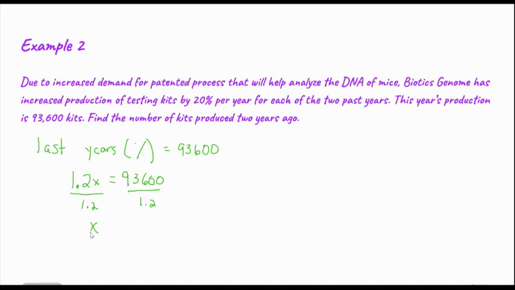Now, that is not our final answer because, again, it wants how many production kits were produced 2 years ago. And this is where we can just repeat the same process and do it another time.